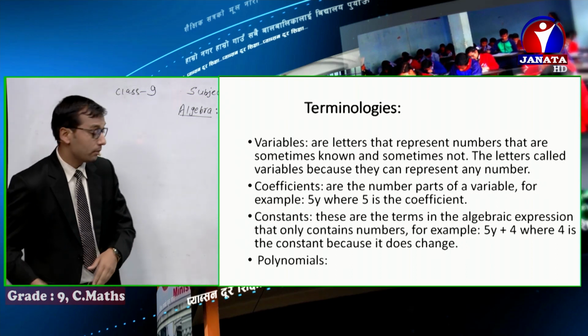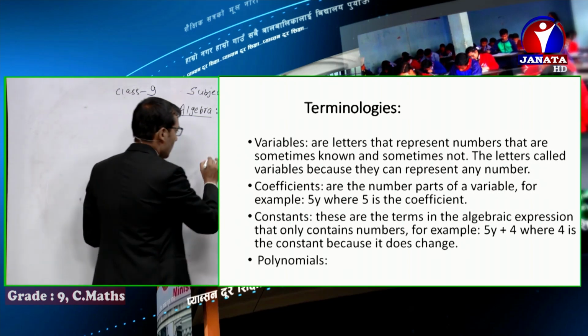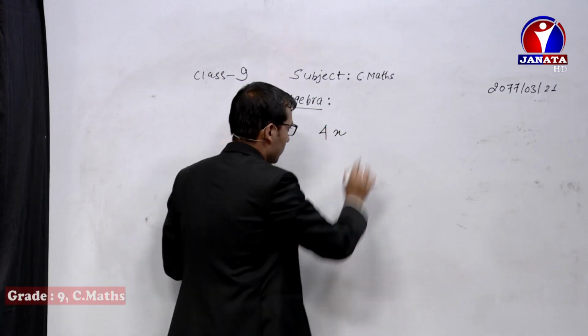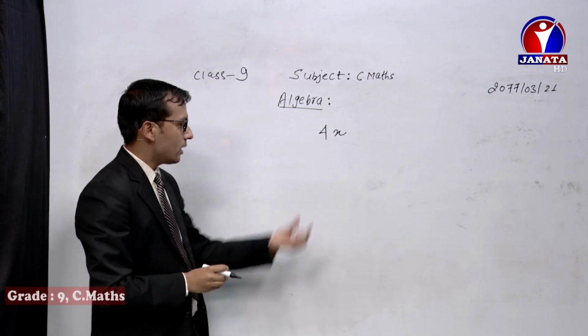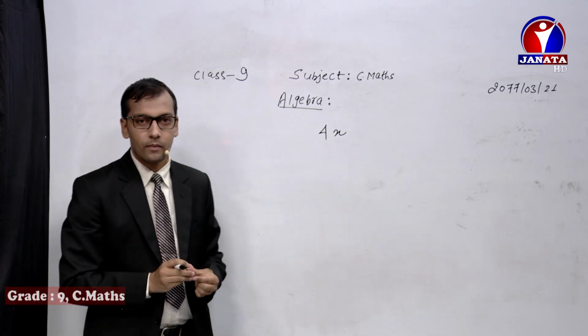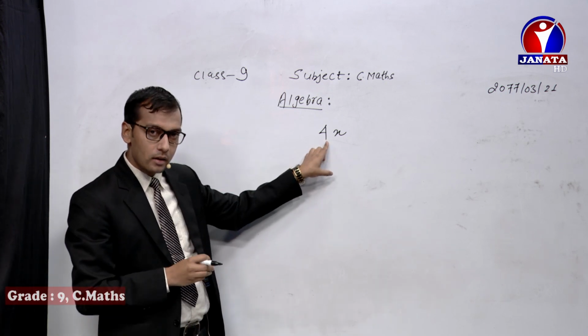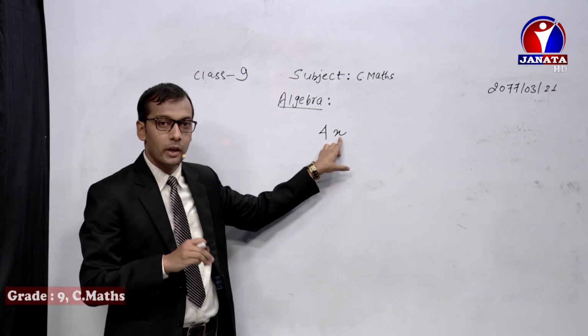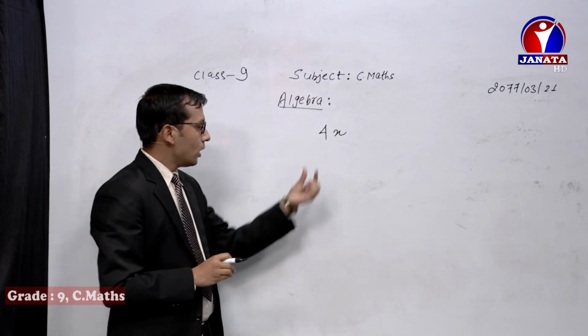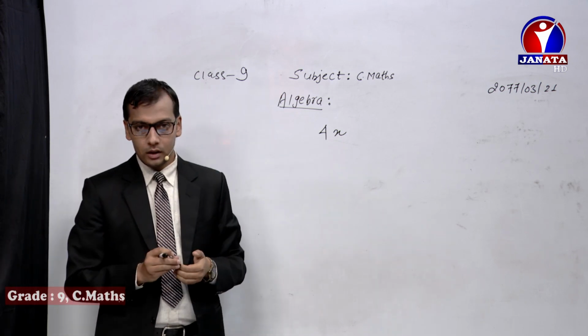So let me take an example here. Suppose 4x. This is a term, and here we can say 4 is the number part and x is a variable. Number part means simply the constant number.